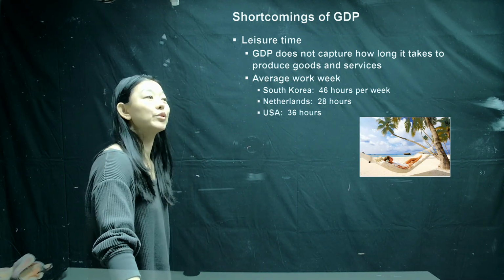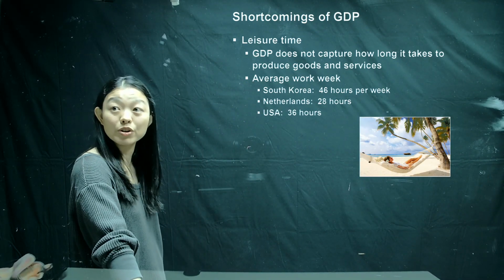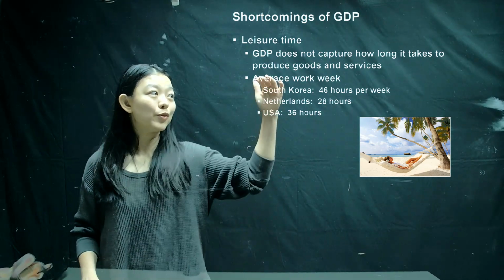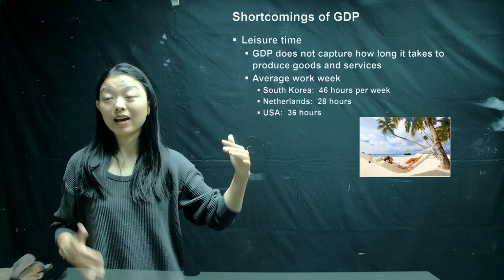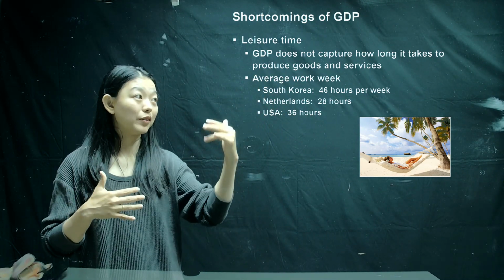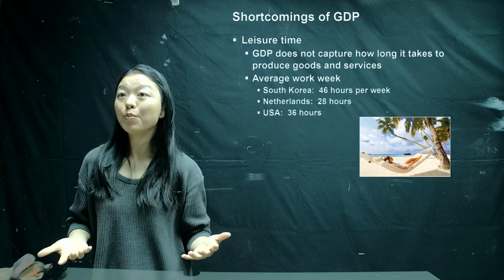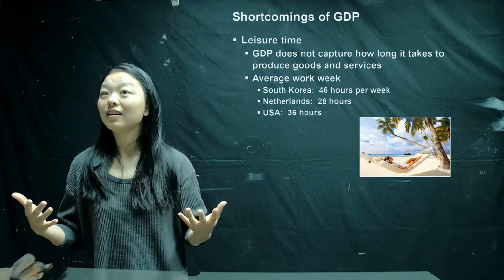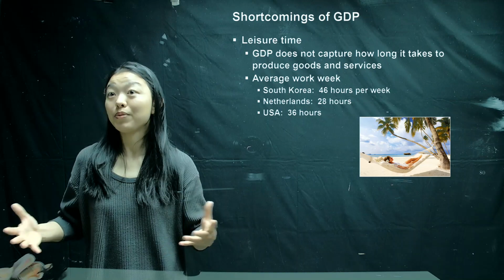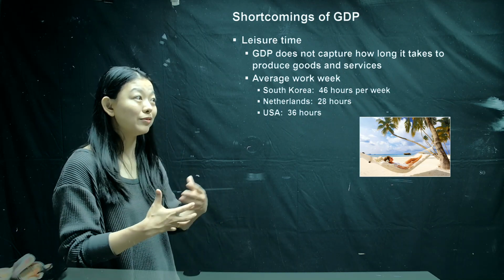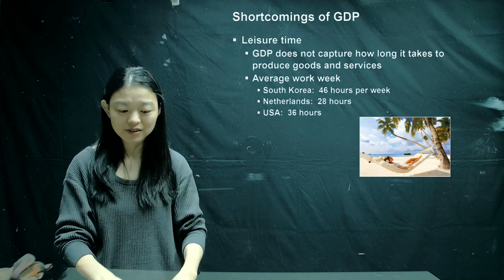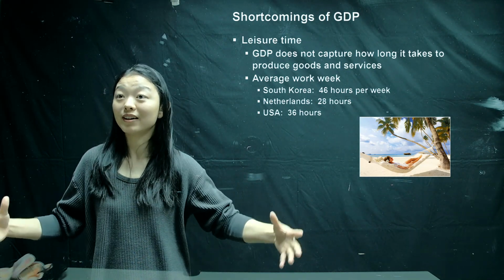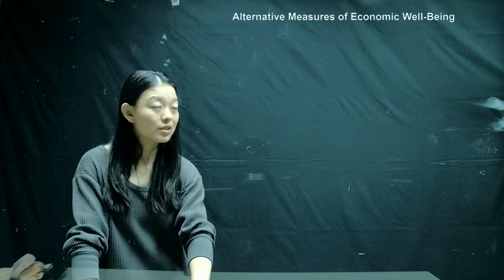For the US, the average person works 36 hours per week. Even for those different countries, if we assume those hours can produce the same output, then you can notice that living in the Netherlands could be happier, right? Because it involves shorter working time, and then it will have longer leisure time.